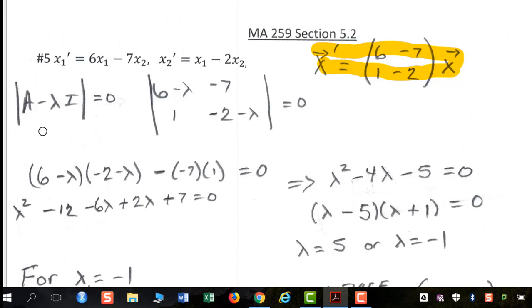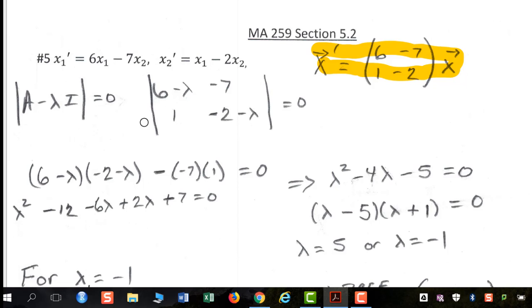So my goal then is to find the determinant of the matrix A minus lambda I and set that equal to 0. So I have 6 minus lambda, negative 7, 1, and minus 2 minus lambda.